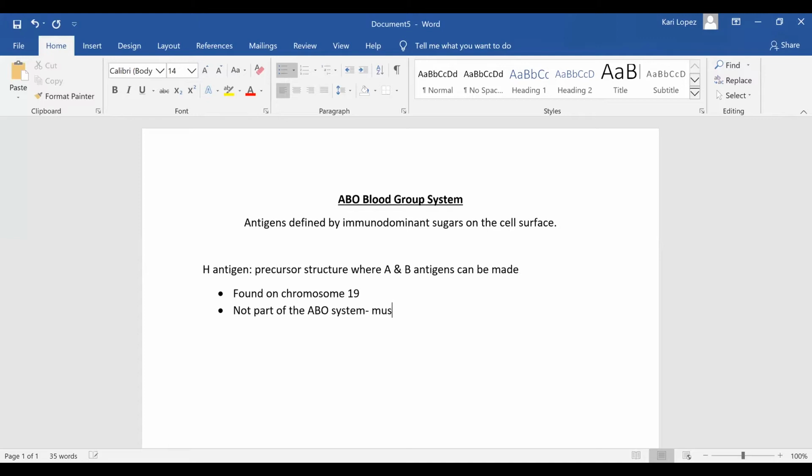And similarly, the secretor gene I kind of touched upon earlier has to be inherited to form ABO in the secretions. So H is for the red blood cells, and secretor gene is for your secretions.